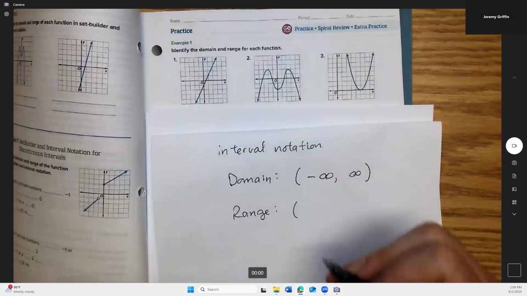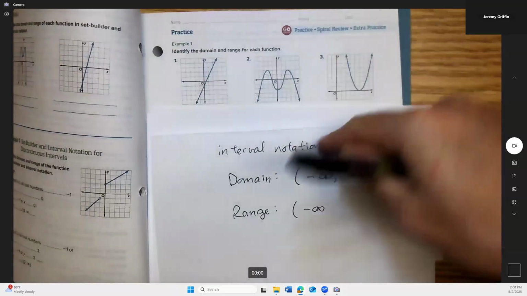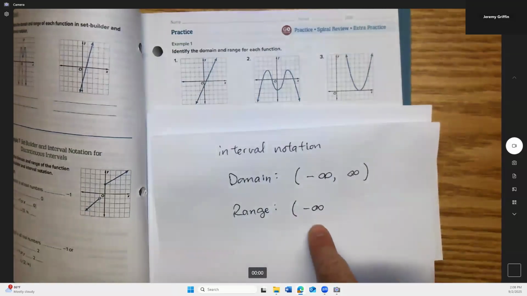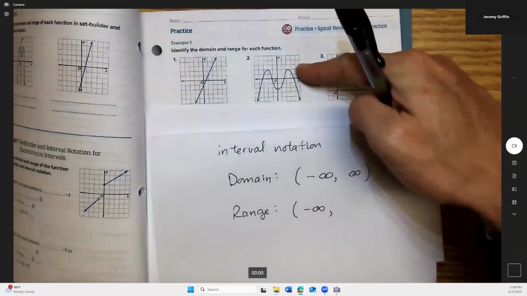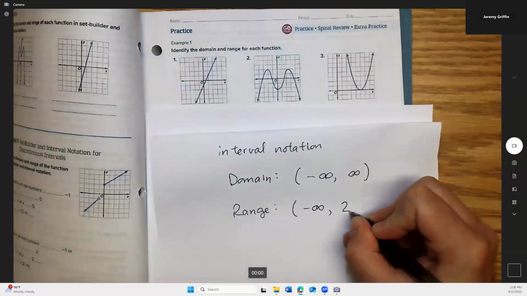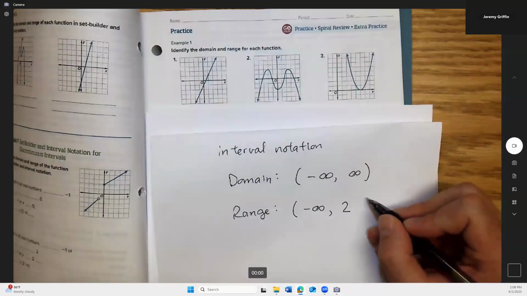So open parenthesis. Yeah, negative infinity. That's like all the way down. So how far down can you go? Well, as far as you want, all the way down to negative infinity. Comma. And yeah, you can go as high as 2. Now, to finish this off, how am I gonna close this off? With a what? Close parenthesis? Close bracket.